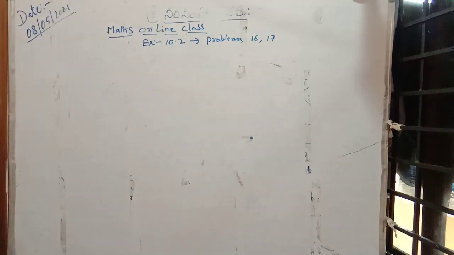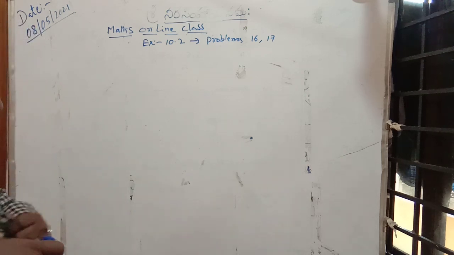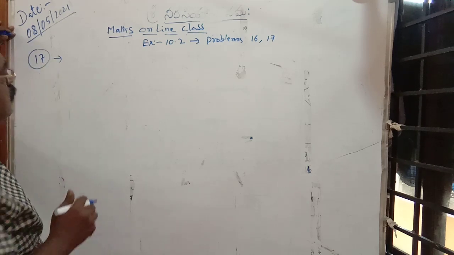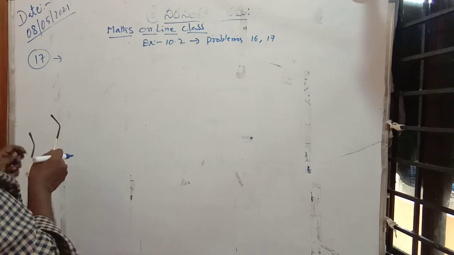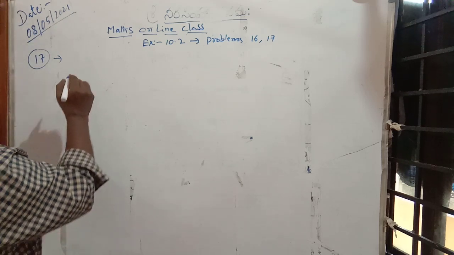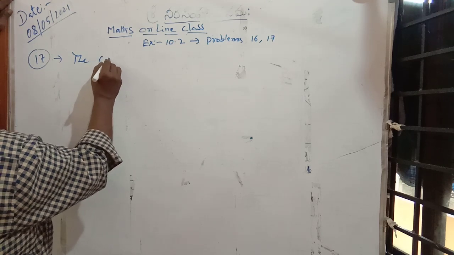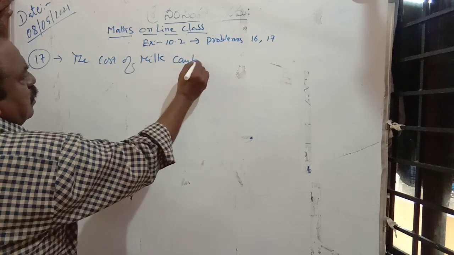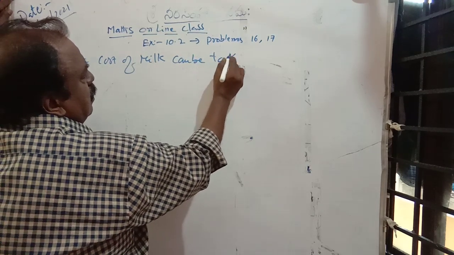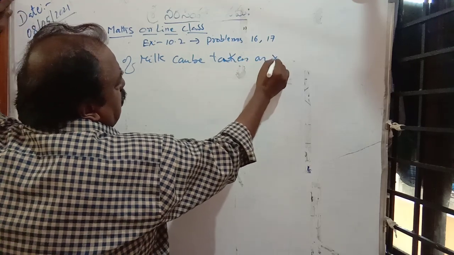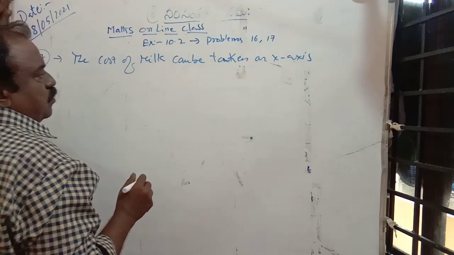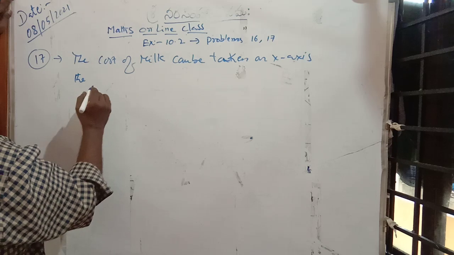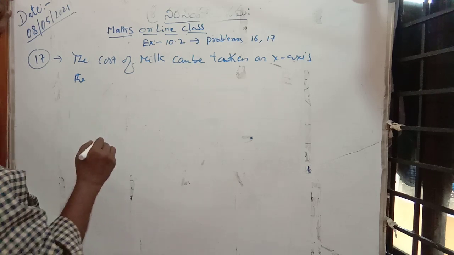Now, observe. 17th problem. The cost of milk can be taken on the x-axis.